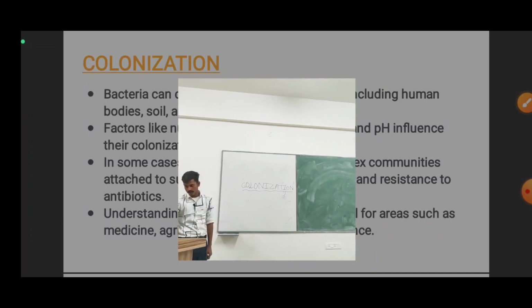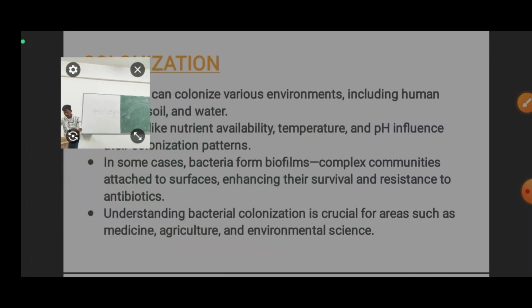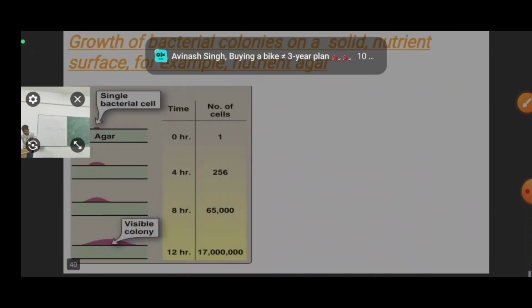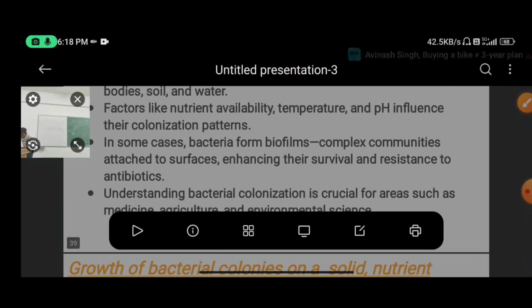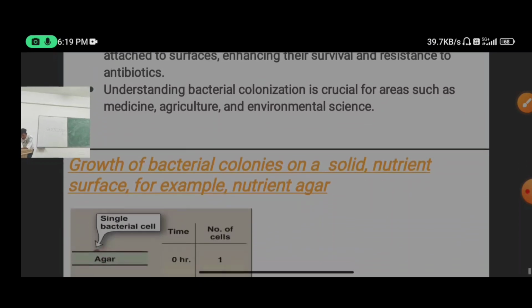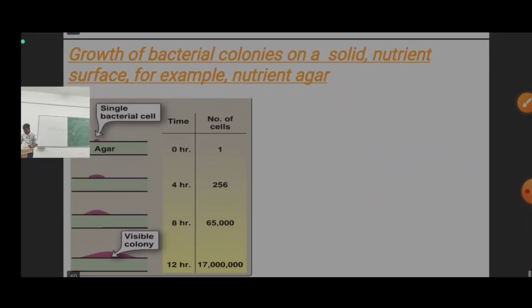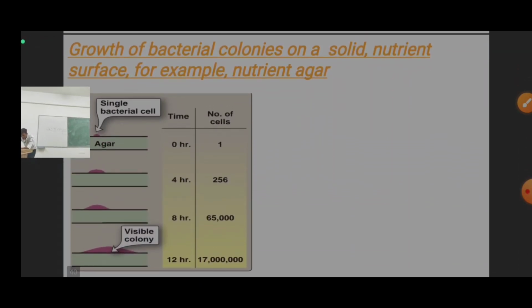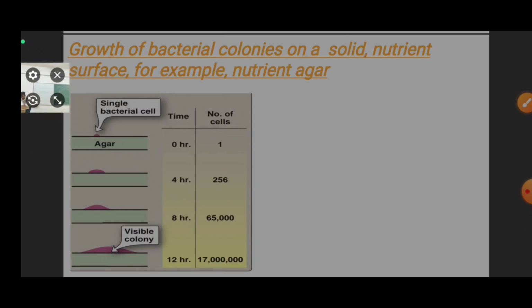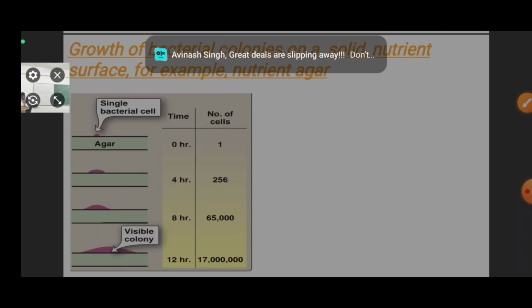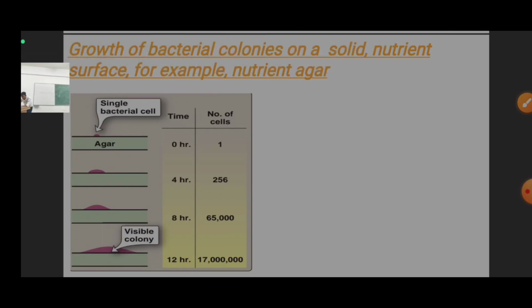Now see one diagram, the growth of bacterial colonies on a solid media plate. This is one agar plate, and on that agar plate we put single bacterial cells. Over a period of time their number will increase. At 0 hour, the number of cells is 1.